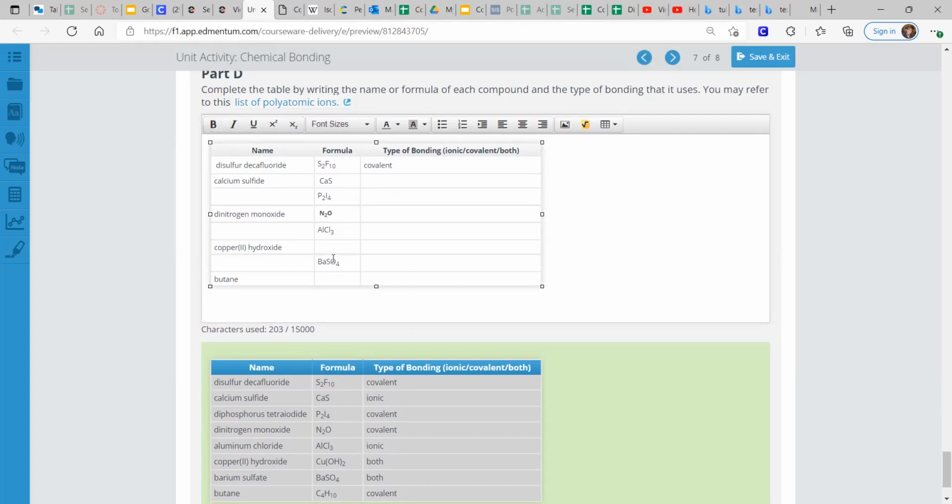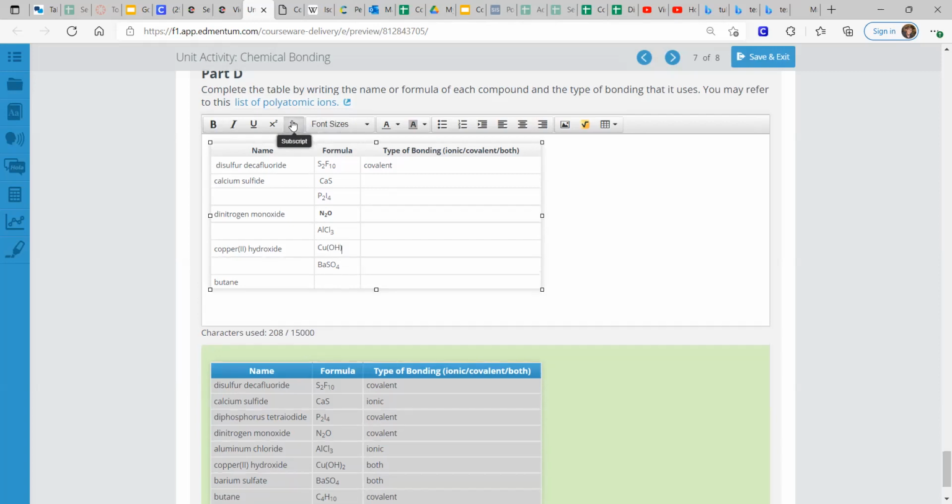Copper 2 hydroxide. So that would be Cu. And then hydroxide is a hydrogen and oxygen together. So we have OH. And then we'll put in that 2.